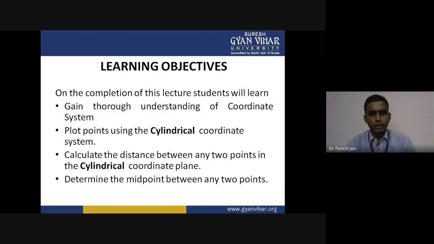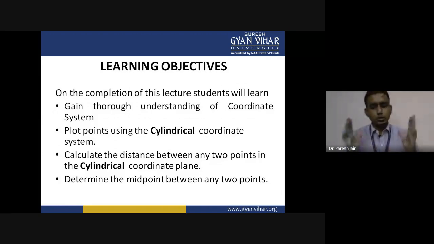In the cylindrical system, they are able to plot any point, calculate the distance between any 2 points in the cylindrical coordinate plane, and find the midpoint of any two points.